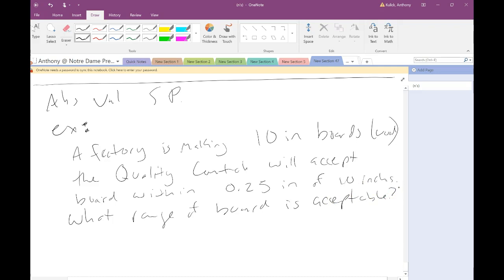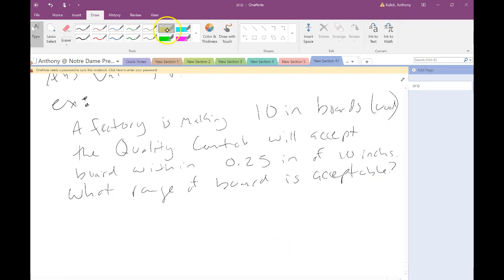Okay. So when we say like within such and such amount like that, that's telling me that I could be 0.25 more or 0.25 less than 10 inches, right? So that's going to be the other side of an absolute value. Everybody's okay so far?